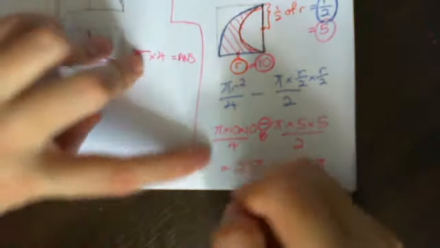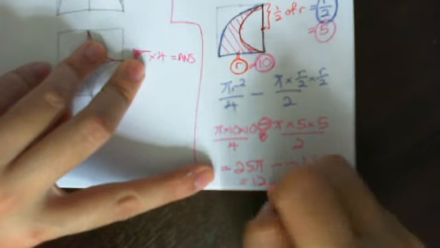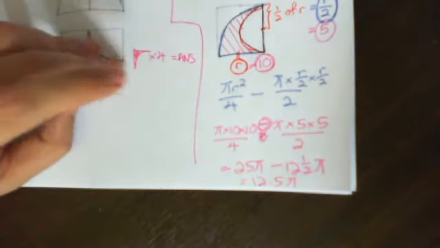So I know for a fact that through my working, this shark fin here is 12.5 pi. And that's it. These are the 4 basic shapes you have to learn other than the circle.